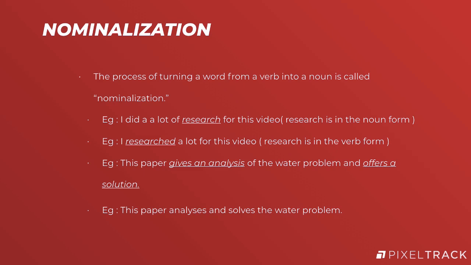It sounds very doubtful when you say offers a solution, but when you say solves, it sounds very decisive. So that is what you need to do. You need to make your verb do the work and not make it into a noun and make it weaker. So this is very common for us.